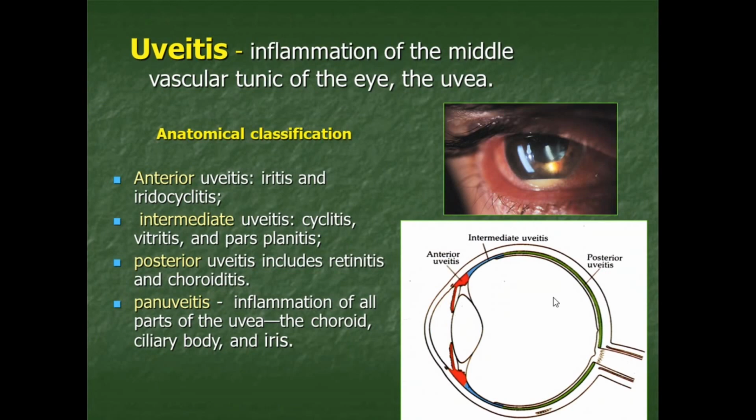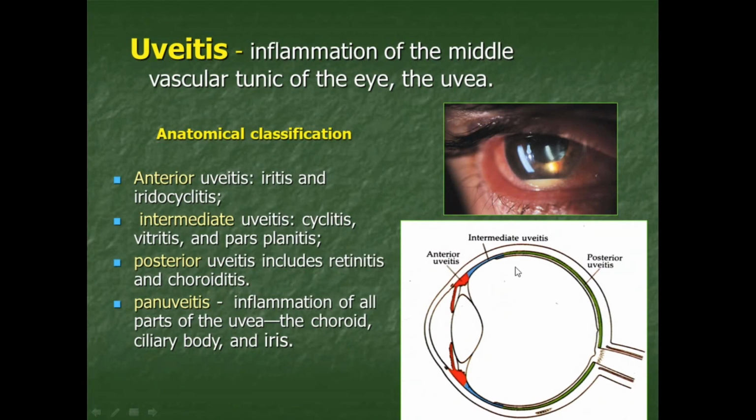According to anatomy, we can divide uveitis into anterior uveitis, in which the inflammatory process affects the iris and ciliary body; intermediate uveitis, which affects the ciliary body and pars plana; and posterior uveitis, which affects the choroid and retina.